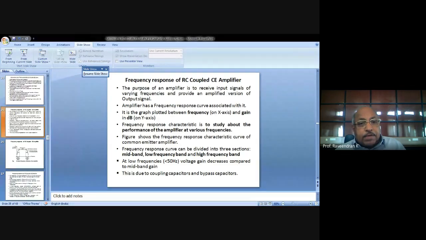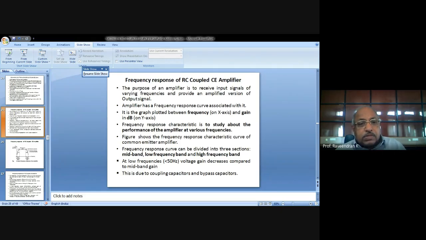Here the power is actually halved when the voltage gain of 0.707 occurs at these two frequency points. At F1, the lower cutoff frequency, the amplifier has a voltage gain of 0.707 AV. Similarly, the same 0.707 AV is there at the high frequency point.